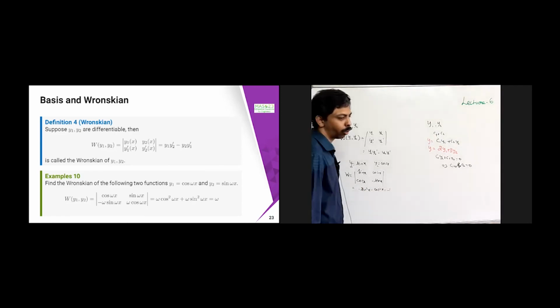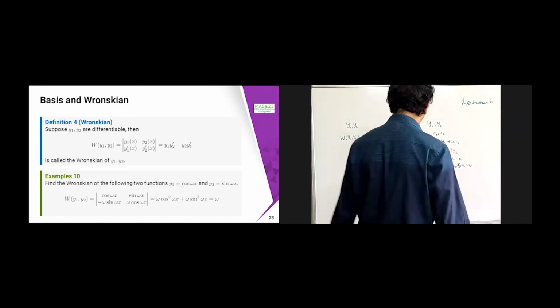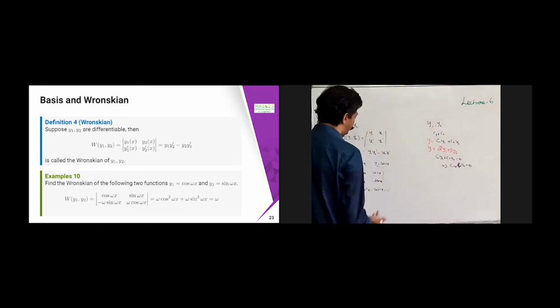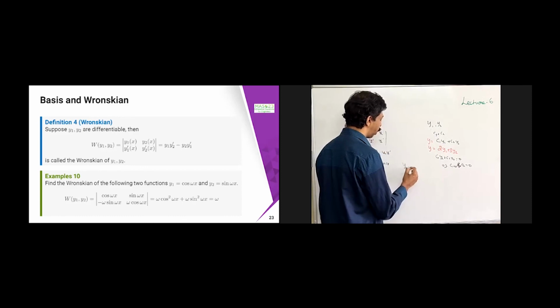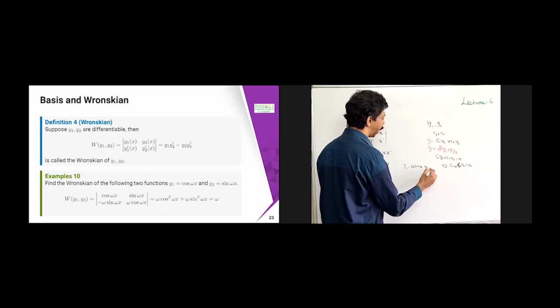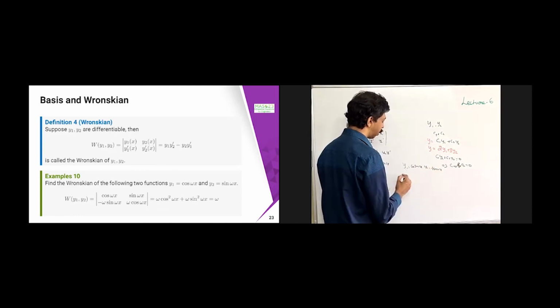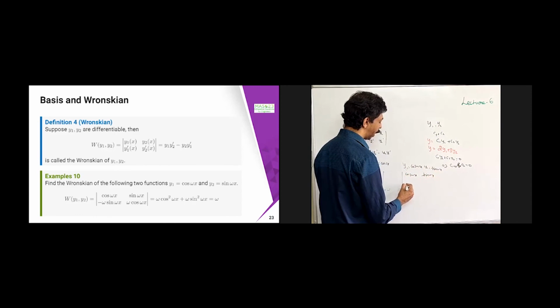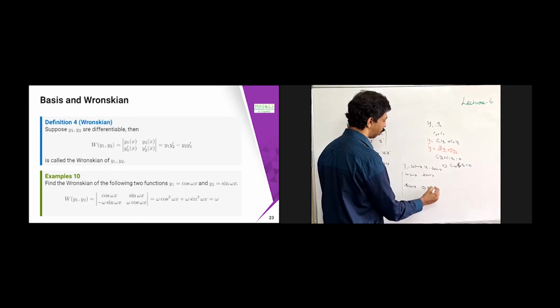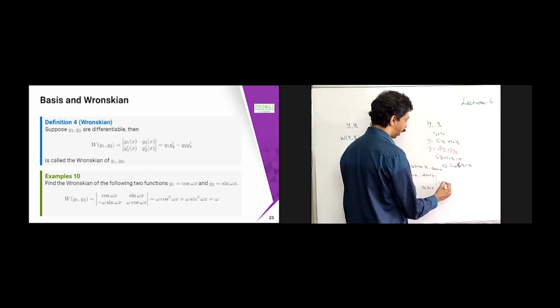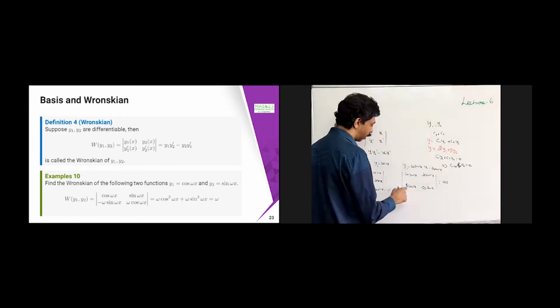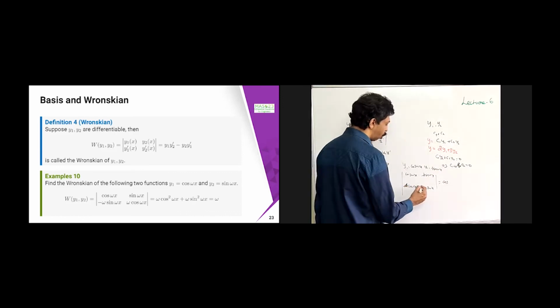Or otherwise, since y1 and y2 are arbitrary, you can take y1 equal to cos omega x and y2 equal to sin omega x. In this case the matrix is cos omega x, sin omega x, and then minus omega sin omega x, omega cos omega x.